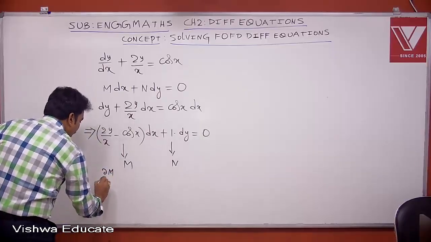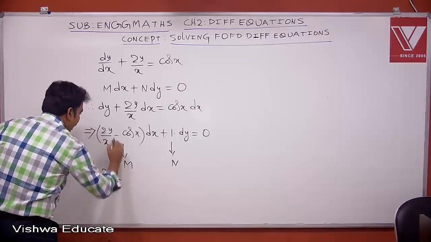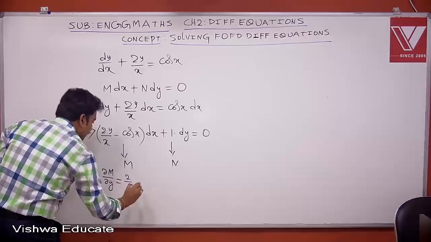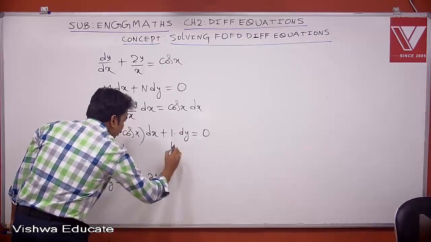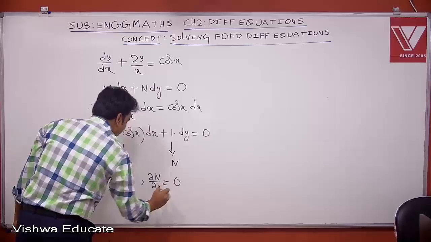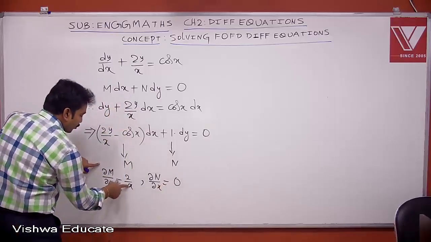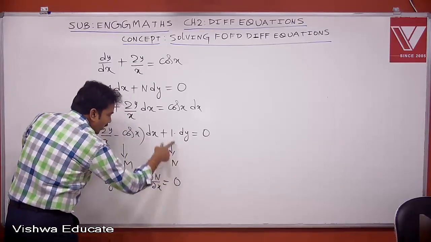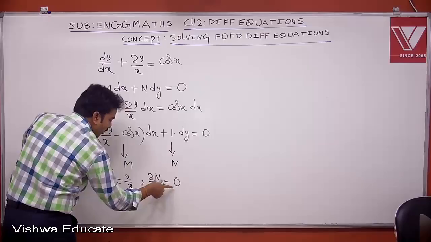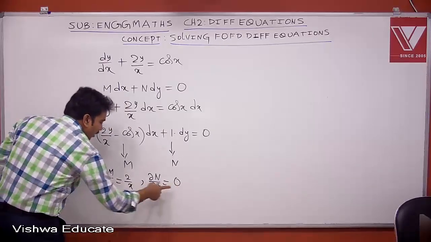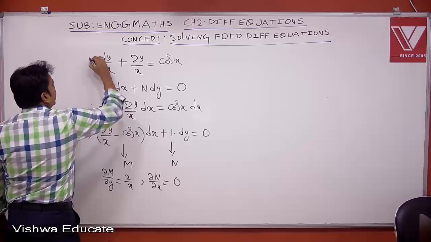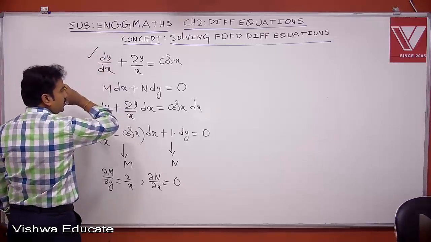When you calculate dou M by dou y, we get 2 by x. Similarly dou N by dou x is 0. Both are different quantities, so this is a non-exact equation.